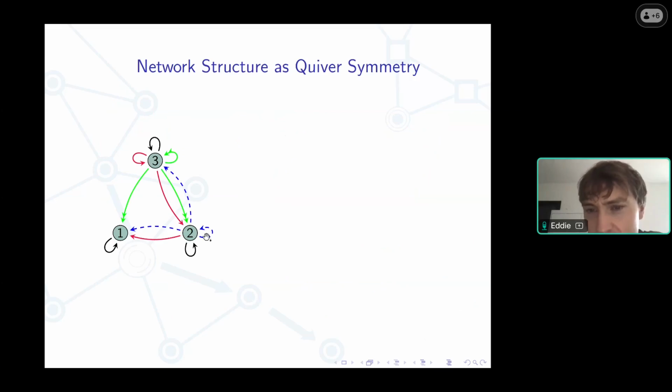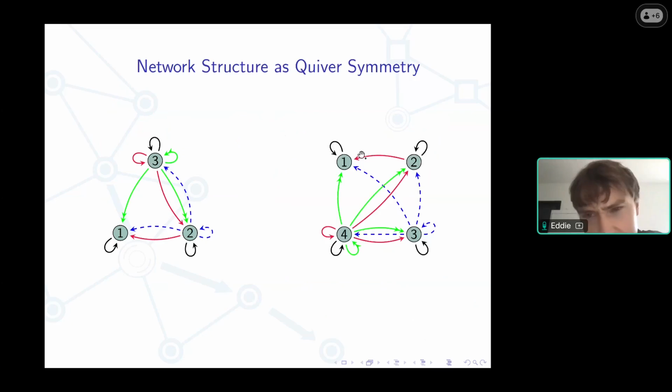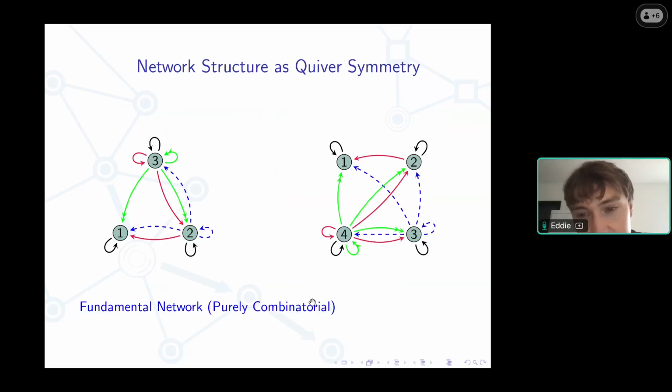But what you do is you create a so-called fundamental network, which is the Cayley graph of a monoid. I'm not going to give the algorithm. I'm just saying that this can be done. It's a purely combinatorial exercise. You just follow your nose, follow the algorithm, and this gives you a quiver that describes the full network structure as equivalent to some kind of quiver symmetry.